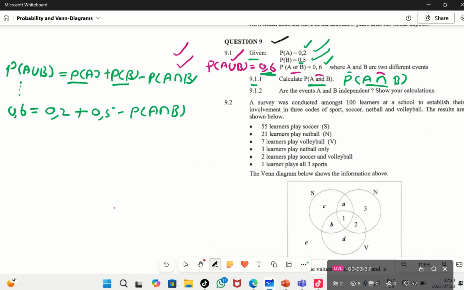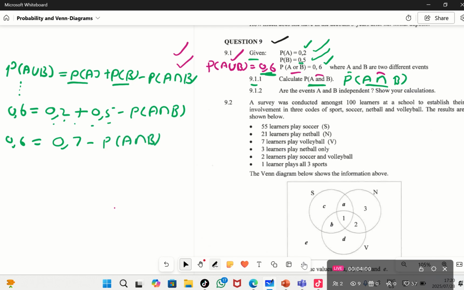So let's go ahead and simplify. We've got 0.6 equal to 0.2 plus 0.5 gives us how much? 0.7. You don't need a calculator for this. You just simply add the 5 and the 2 there. Easy peasy. Minus the probability of A and B.